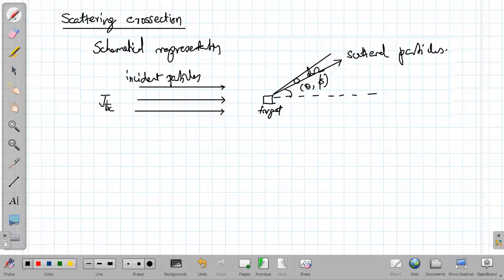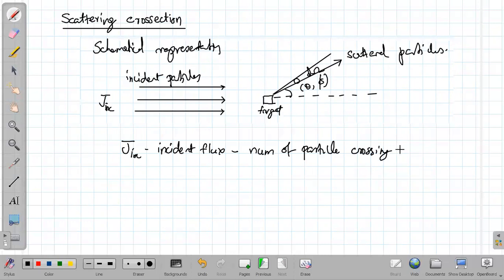I can denote it by the symbol J_inc. So J_inc is called the incident flux, which is the number of particles crossing unit area in unit time.